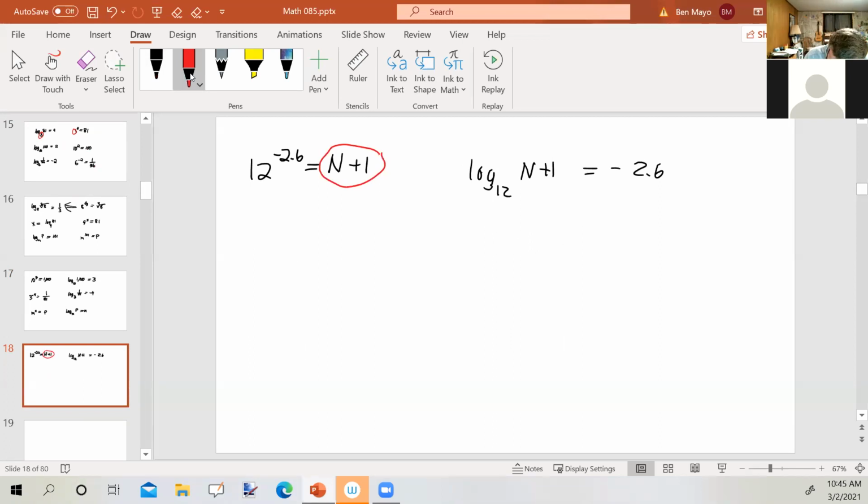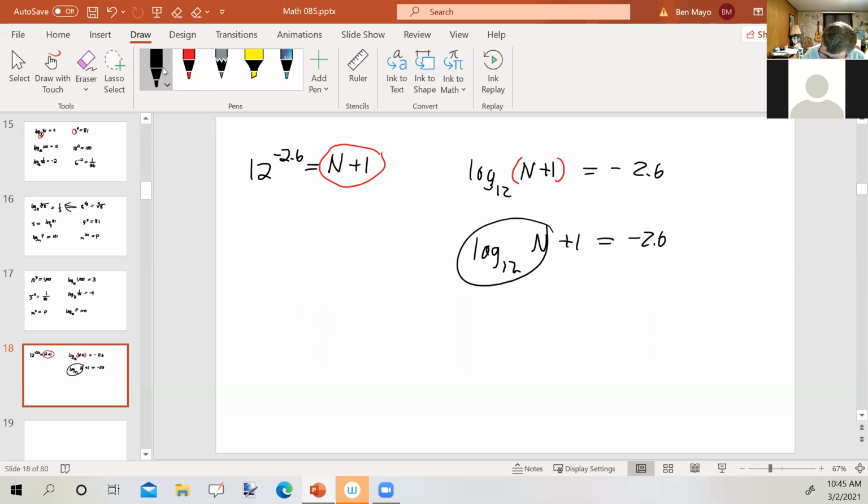When we change it to logarithmic form, we need parentheses around it because it's the log base 12 of that whole quantity. If we just leave it like this, that would be log base 12 of n, plus 1. And we want the log base 12 of the quantity n plus 1. So be careful with your grouping symbols. Okay.